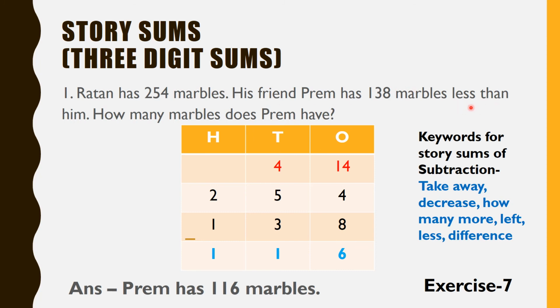Okay, so as we can see this keyword over here, in this example we have to do the subtraction, right? So the two numbers which are given in this example are 254 minus 138.